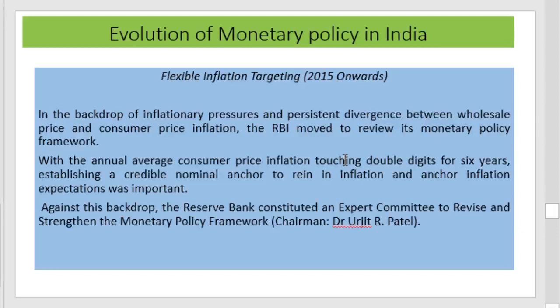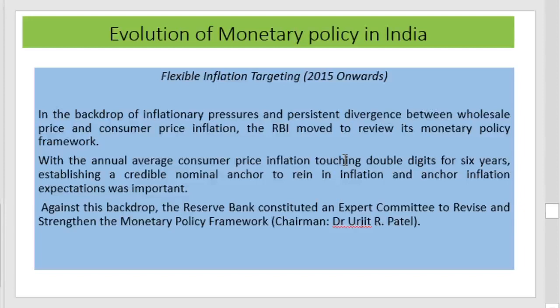That is, after the period of the multiple indicator approach, we started flexible inflation targeting from 2015 onwards. We have seen that inflation, though declined, was at a higher rate.